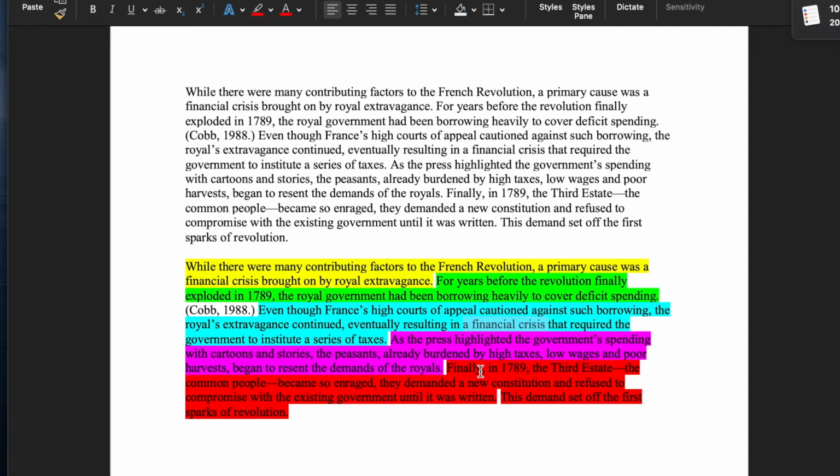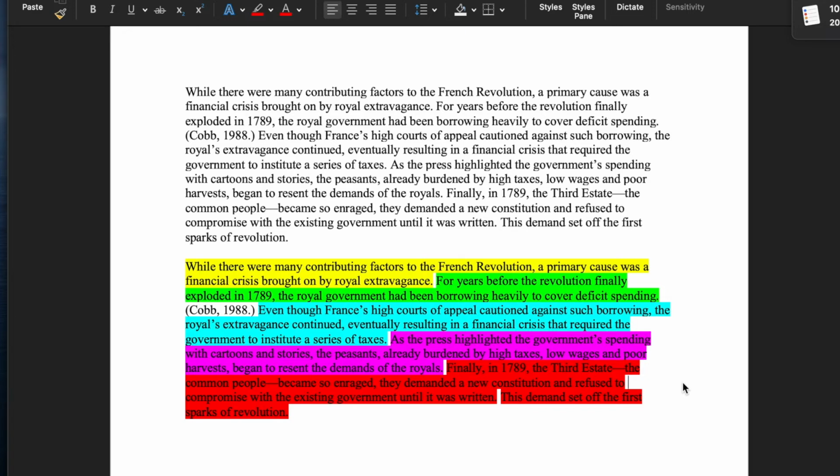Again, another cause was high taxes, low wages, and poor harvests, and the effect was that peasants began to resent the royals. And then in our conclusion, overall, the effects of royal extravagance, high taxes, low wages, and poor harvests set off the French Revolution. So, a little bit of an outline for us to get started.